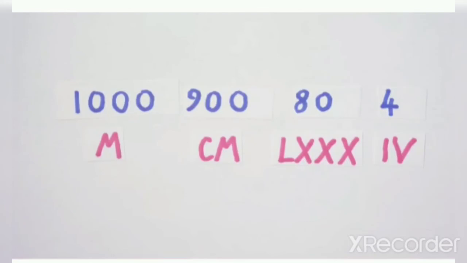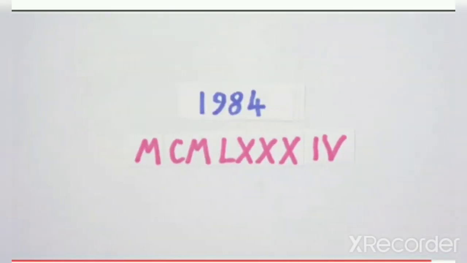And the symbol for 4 is IV. So on combining all these letters, we find the Roman numeral equivalent to 1984 as M, C, M, L, triple X, I, V. I think it is pretty much clear to you all.